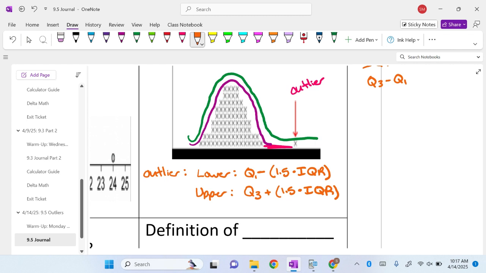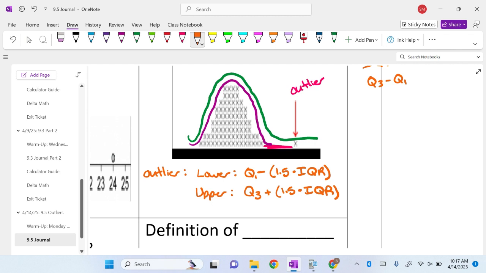That's the length of your box. Your Q1 is here. Your Q3 is here. Now, let's just make up a hypothetical. Let's say that my Q1 was 70. And my IQR was like 20 or something.